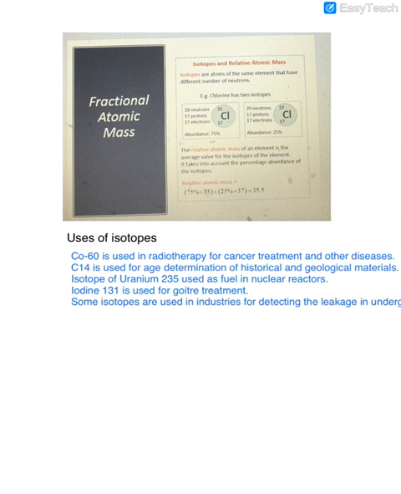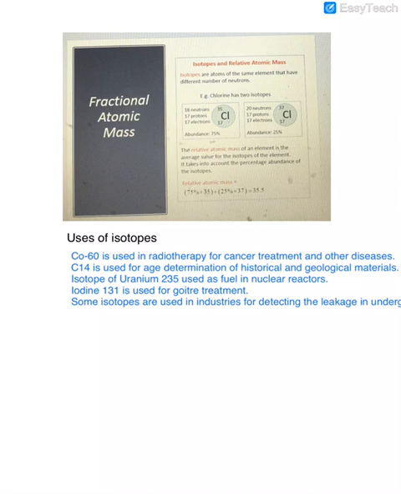Now what are the uses of isotopes? Isotope of cobalt 60 is used for radiotherapy for treating cancer and other diseases. Carbon 14 is used for determining the age of historical and geological materials.